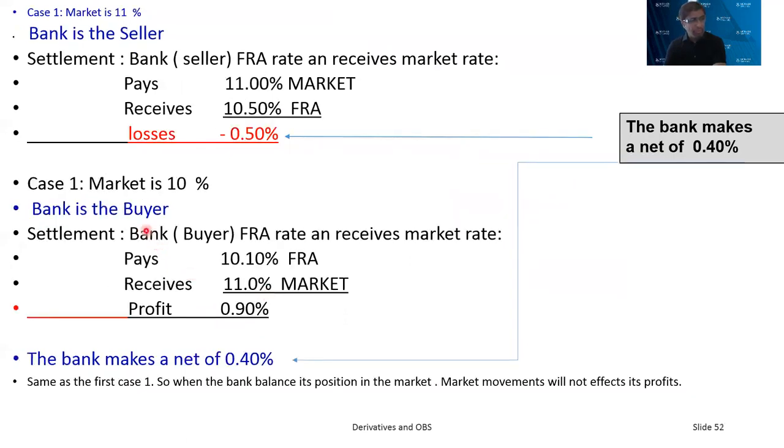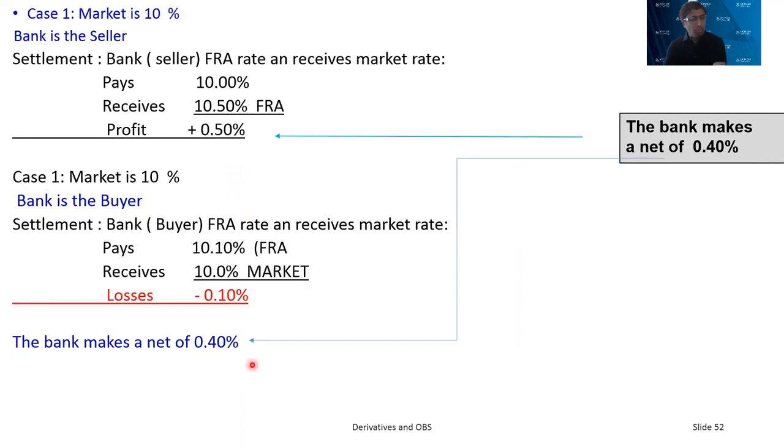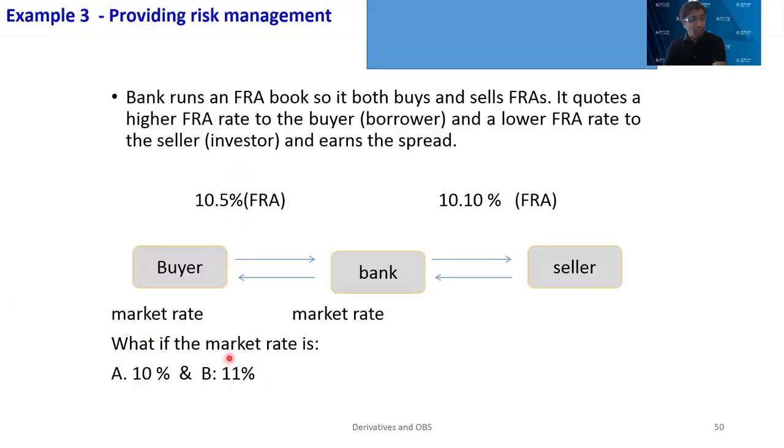When the bank is a buyer from another seller, he will pay the seller 10.10, which is the FRA, but he will receive the market rate, which is 11%, making 90 basis points. So the difference between the 50 and the 90 basis points is 40 basis points, the same 40 basis points. So regardless of whether the rate goes to whatever rate, it doesn't make any difference.